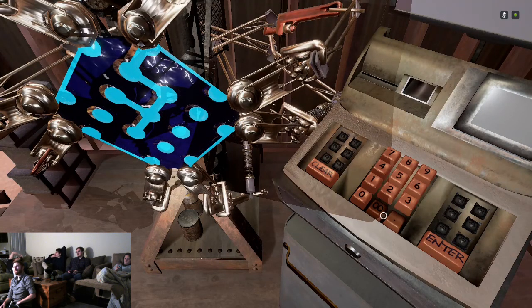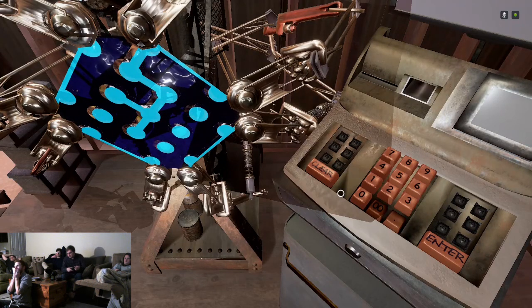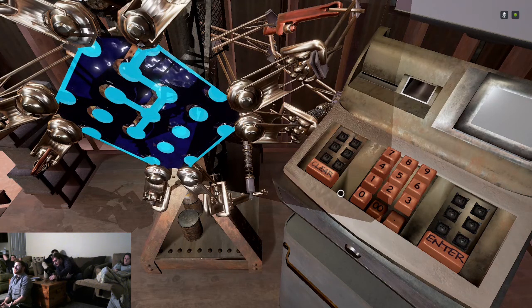Did we read in one of the books about the number system they used? No, wait. The outer ones are worth more. 1, 2, 3. Oh, I have no idea. That's so weird. Okay, so clear this. Clear it real quick.